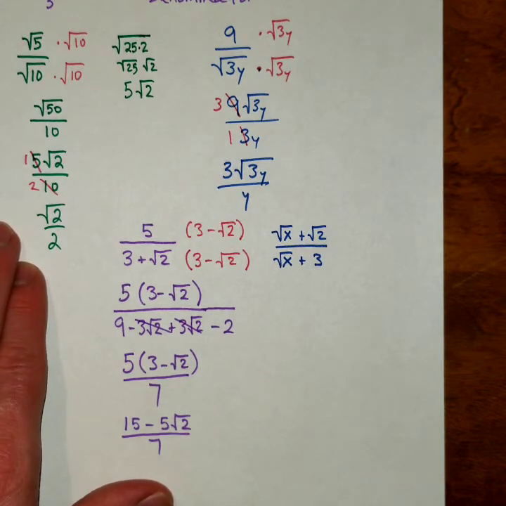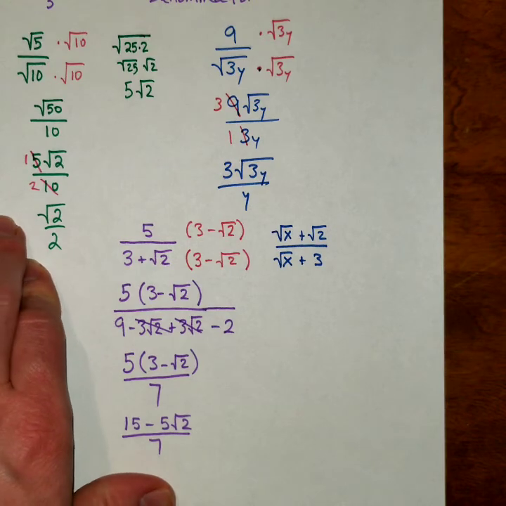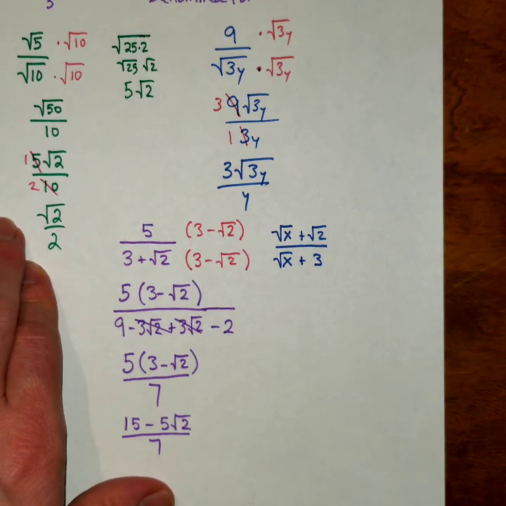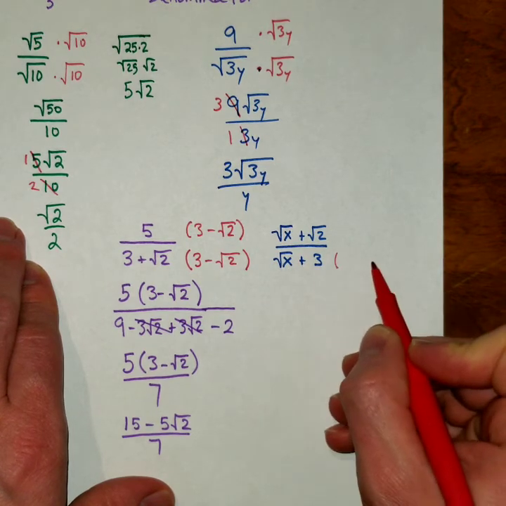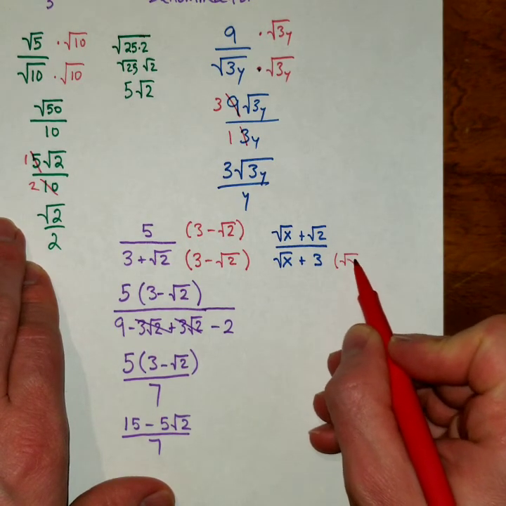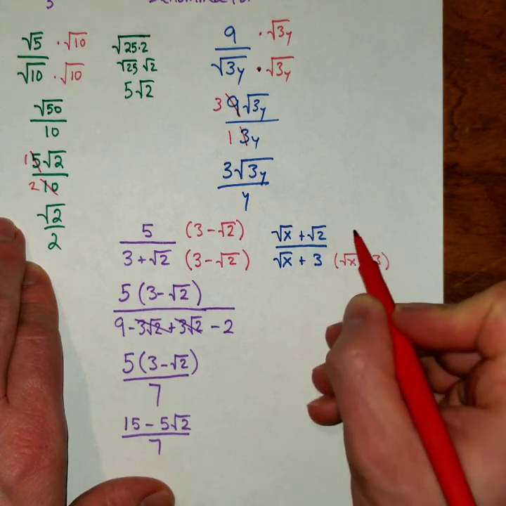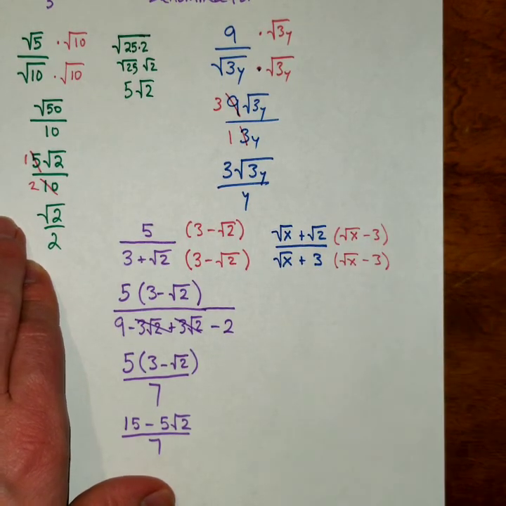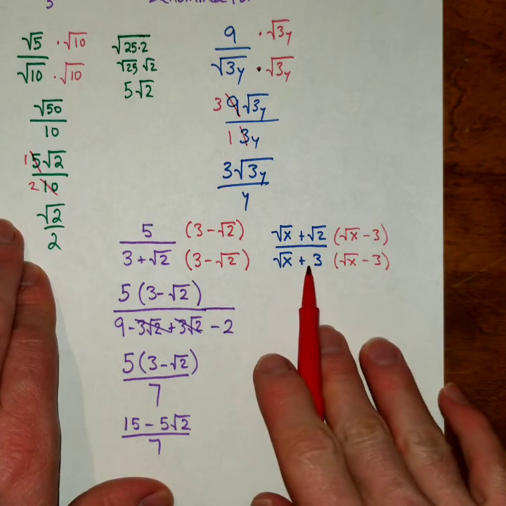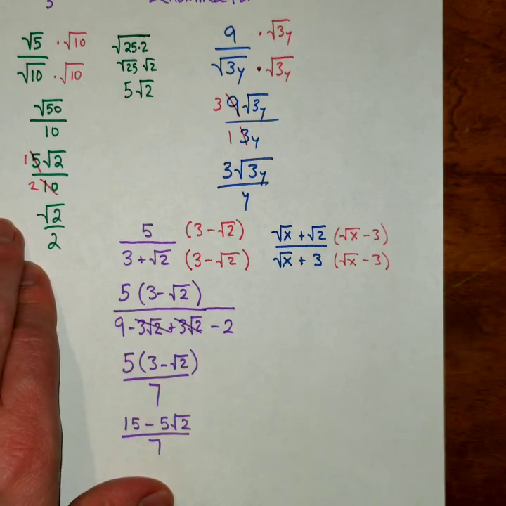Alright, so here again, if you have two terms on the bottom, you have to use a conjugate to eliminate the root. Okay, so I'm going to use the square root of x minus 3 on both the top and the bottom. Okay, it has to be the conjugate of the bottom. Then I'm going to distribute.